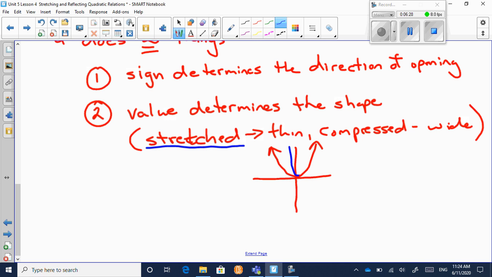It'd be a very thin parabola, and we call that stretching it. Or here, it can be compressed. What we mean by that is you can imagine it's this wide parabola, nice and wide. So the value determines whether it's stretched or compressed, and the sign determines whether it is opening up or opening down. So is it flipped underneath?